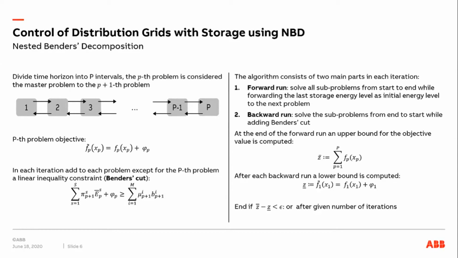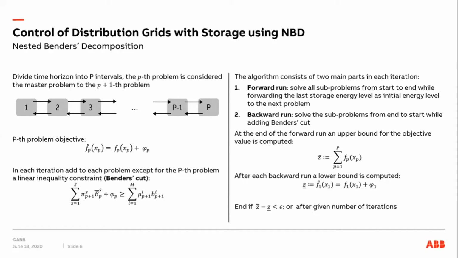In each iteration, the nested Benders decomposition applies to each subproblem some cutting planes. The cutting plane is a linear set of inequality constraints defined as Benders cuts, where the left side is defined by the mu that is related to the dual variable, and B is related to the right-hand side of the equality constraints of the power balance energy equation.